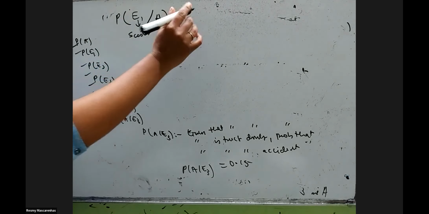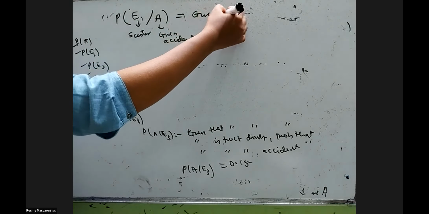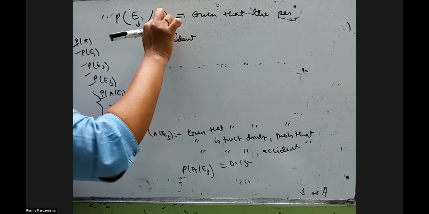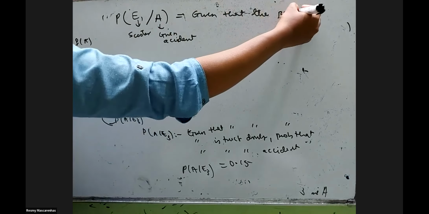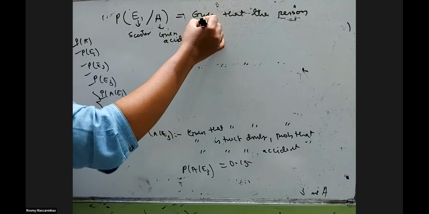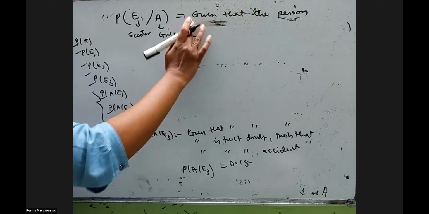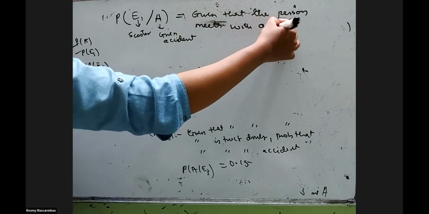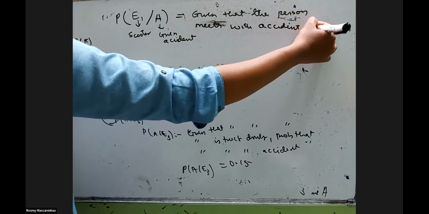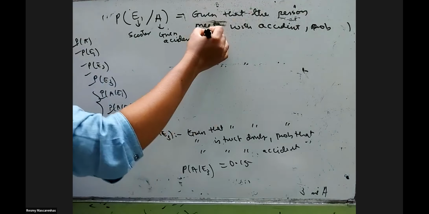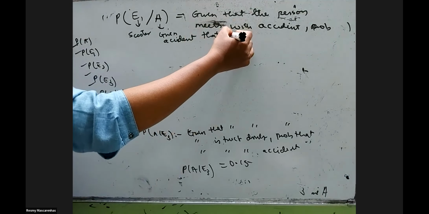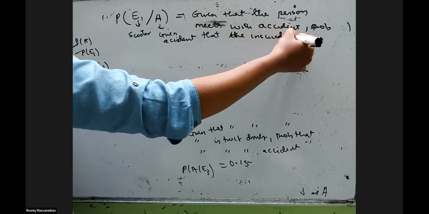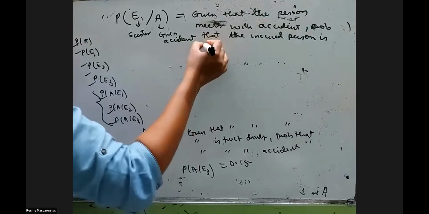So read it as given that person meets, read A, what is A? Given that the person meets with an accident, probability that the insured person is a scooter driver.